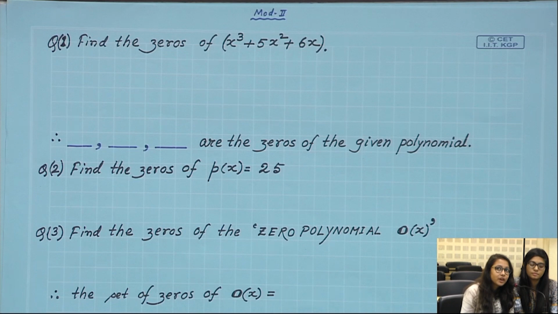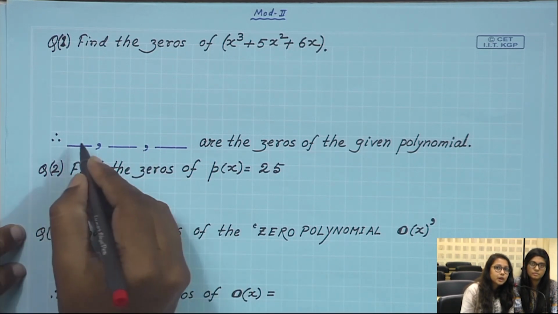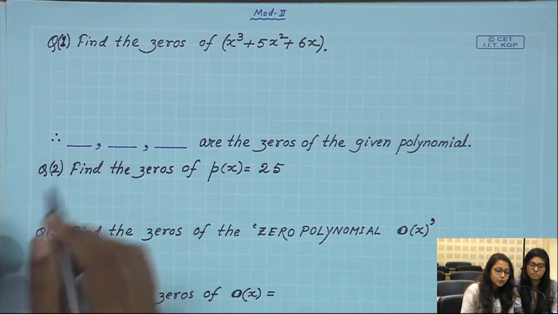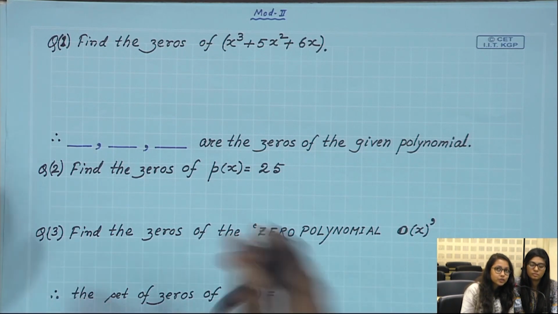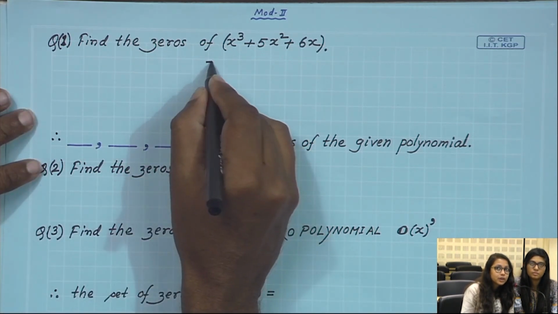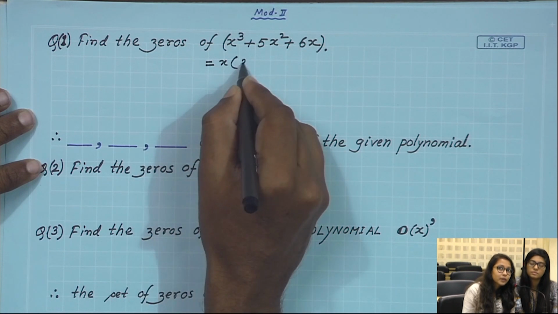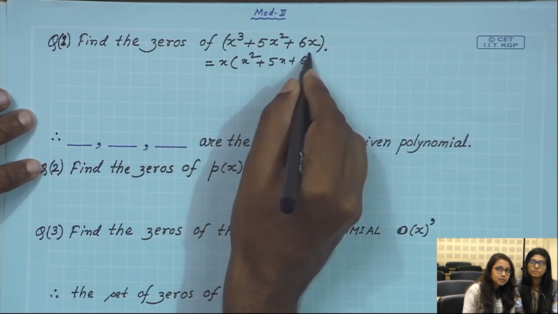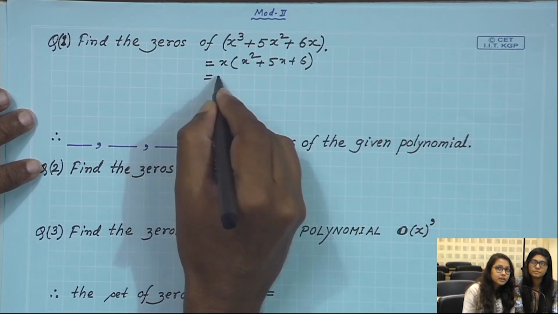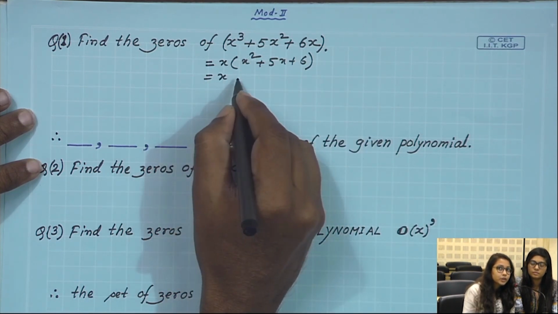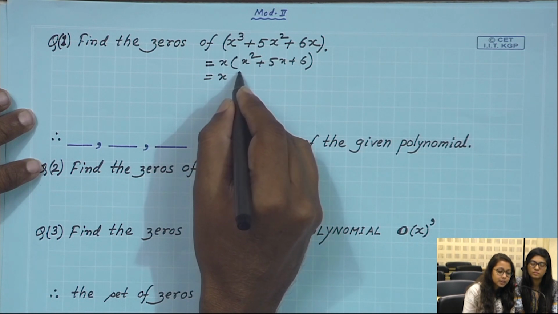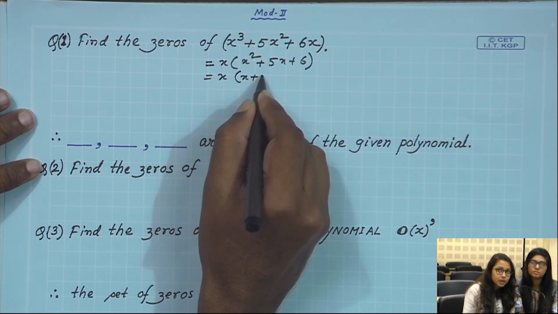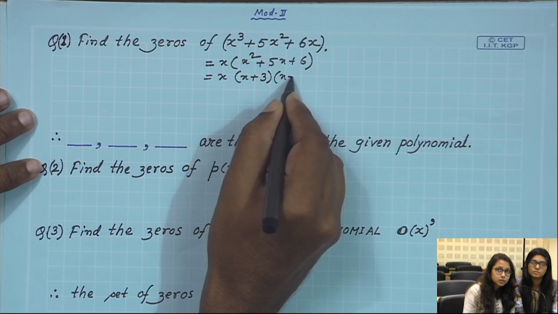If we simplify this expression, first we are taking x common, then it will become x into (x plus 3) into (x plus 2). After taking x common, we are getting x square plus 5x plus 6 in the parenthesis. Then we are breaking it into factors, and so it is becoming x into (x plus 3) into (x plus 2).